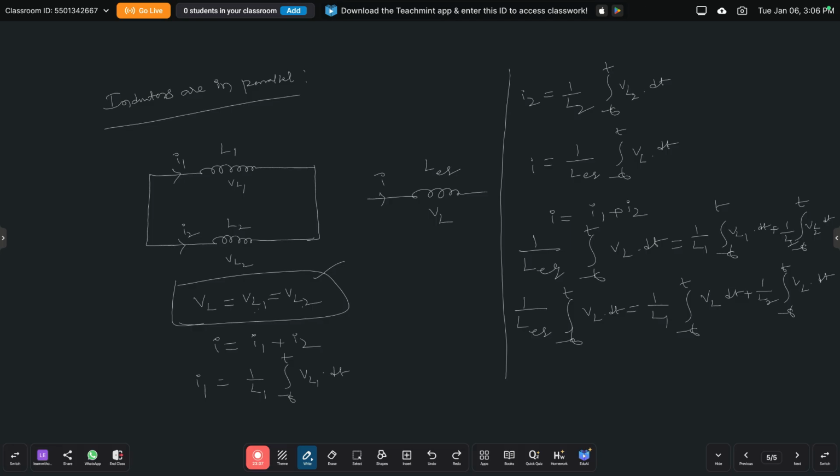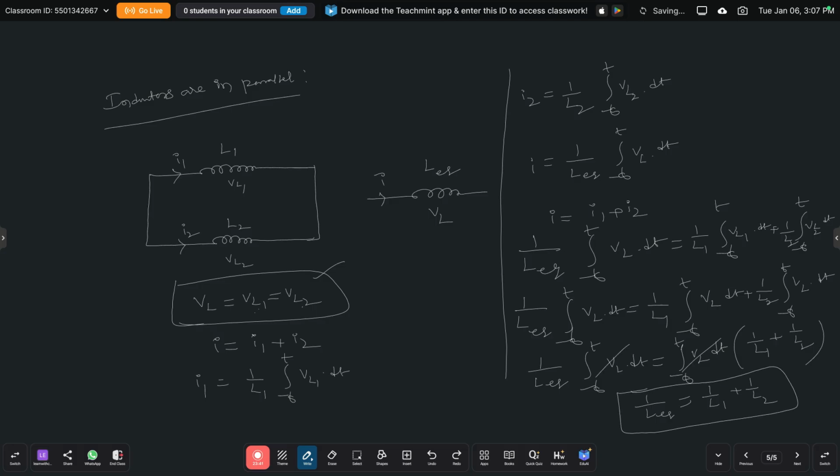Therefore from the RHS we take the common term, integration of minus infinity to t VL dt. Then we get 1 by L1 plus 1 by L2. So this will be cancelled. Therefore 1 by L equivalent equals 1 by L1 plus 1 by L2.